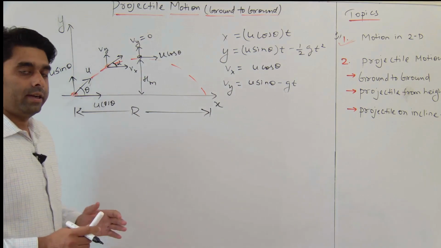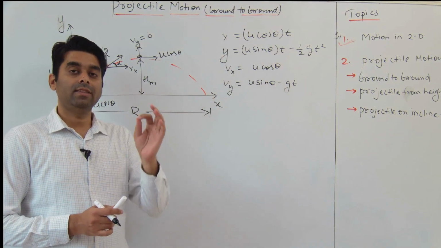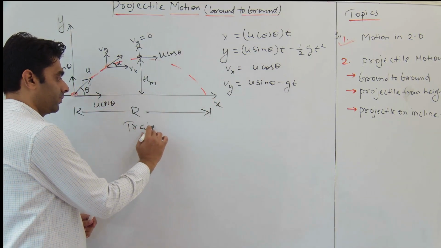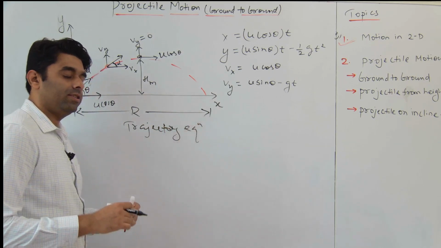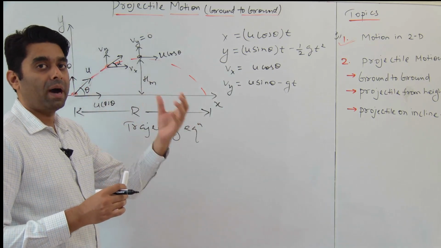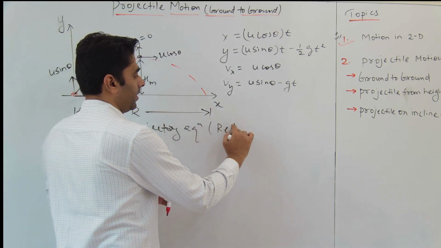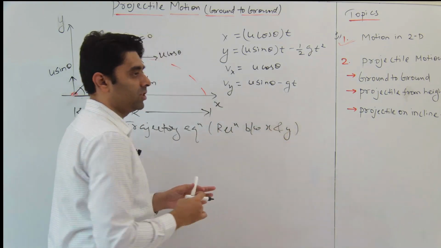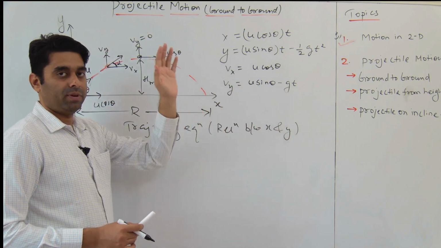The last thing that we have to see about ground to ground projectile is the trajectory equation. Trajectory equation is basically the equation of the path which the particle is following, which is the relation between x and y. x is the position or displacement in the x direction, y is the displacement in the y direction.